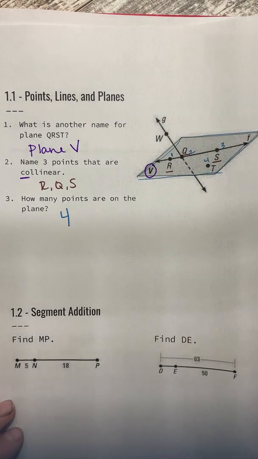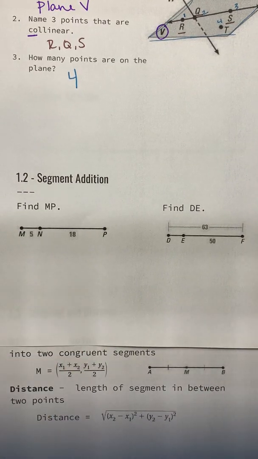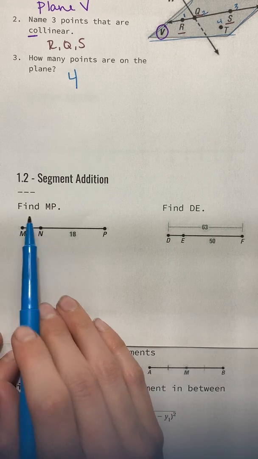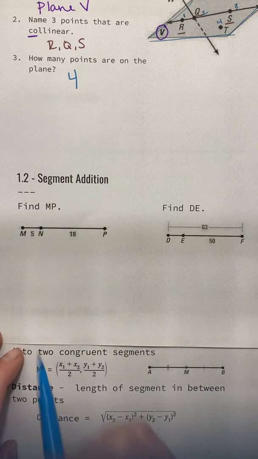All right, next we have section 1.2, segment addition. So segment addition basically just says if you take the pieces of something, it's gonna equal the whole, okay? So for example, this first one, you want to find MP, okay?